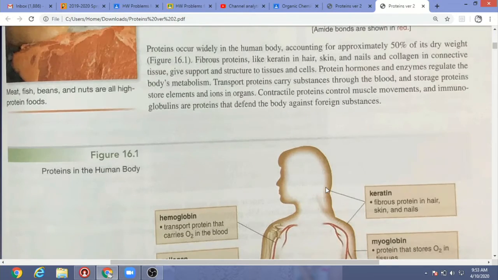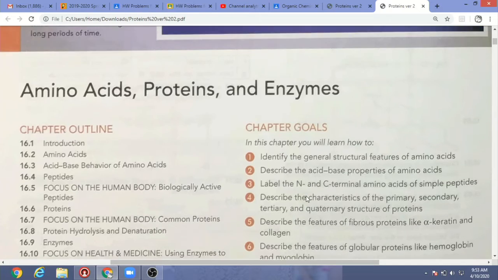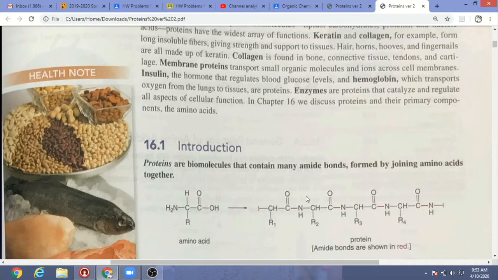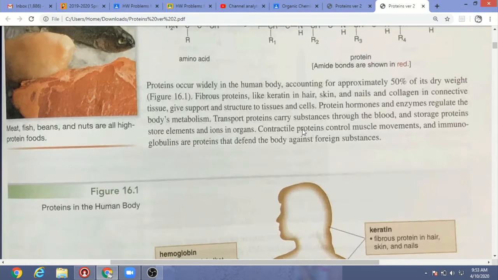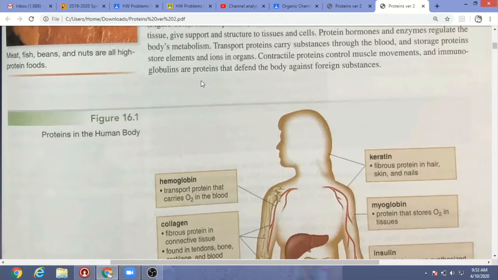Let's do a quick recap of what we've done so far, from the introduction. Remember, we introduced the structure of amino acids, and we said that a protein is essentially a chain of amino acids when you join them together through amide bonds. And then we also went into great depth about amino acid structure.